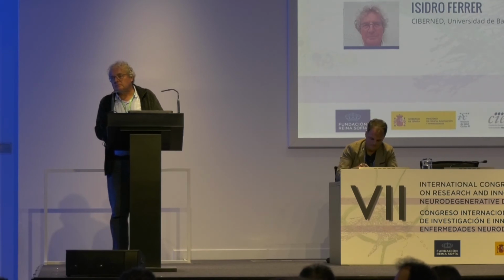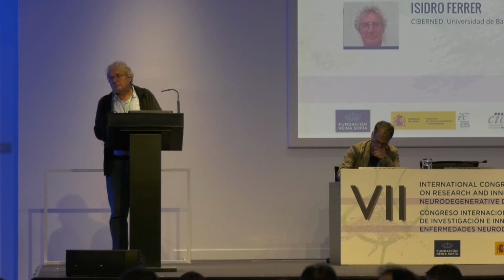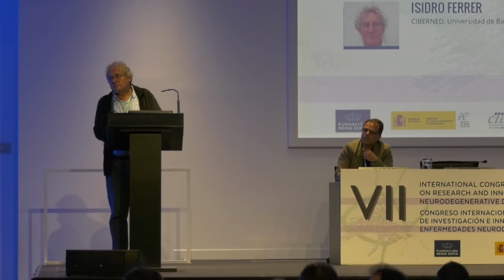Great talk. I was wondering whether you have tried to see whether this pattern of spreading would be the same in mice that have humanized tau, where the endogenous tau has been removed and they produce the whole human gene. I know there are some, but I don't know if they are good enough for the experiment.